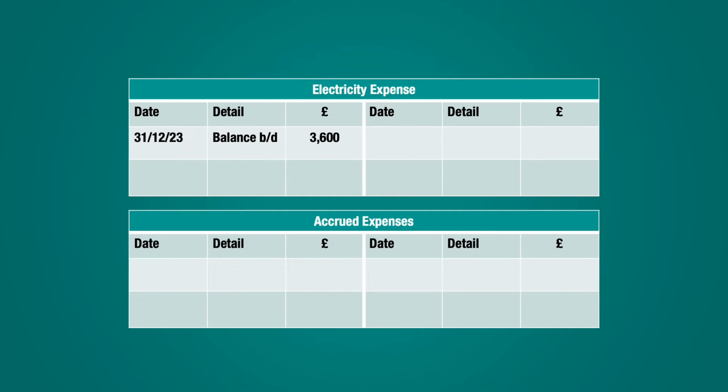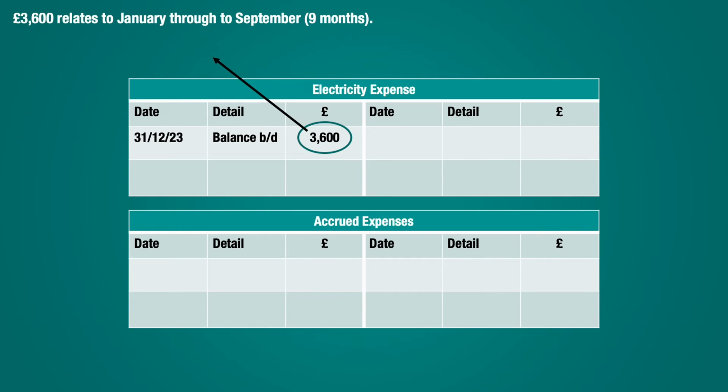Firstly, let's start off by looking at our accounts before any adjustments are made. We can see there's currently a balance of £3,600 within the electricity expense account. There's also a nil balance within the accrued expenses. The next step is to record the accrued expense within our accounts. We know that the £3,600 recorded in electricity expenses relates to January through to the end of September.